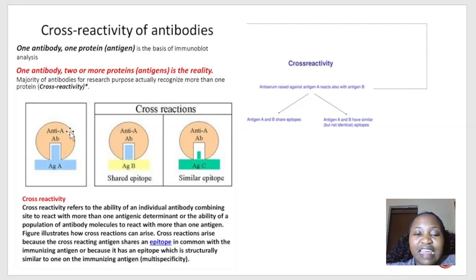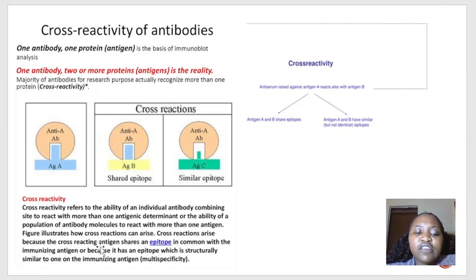That means the anti-A antibody is also going to bind to antigen B. We can also have a similar epitope, so that now they are similar. This is another antigen C, and the design is the same, although not exactly the same. You can see that the lock and key concept is still able to work in this case.